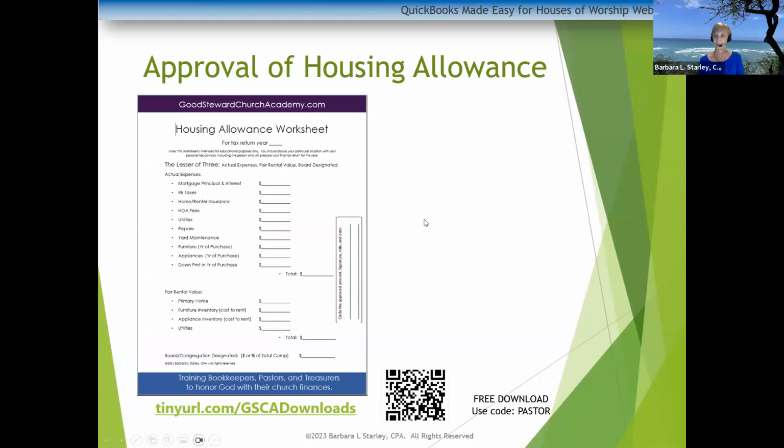So even if the pastor says I think it's going to cost me $24,000, and even if the fair rental value comes out at $2,000 a month, the board, by saying they can only get 25%, makes that number $20,000, whether that pastor likes it or not. So it's really important that all of that get documented.